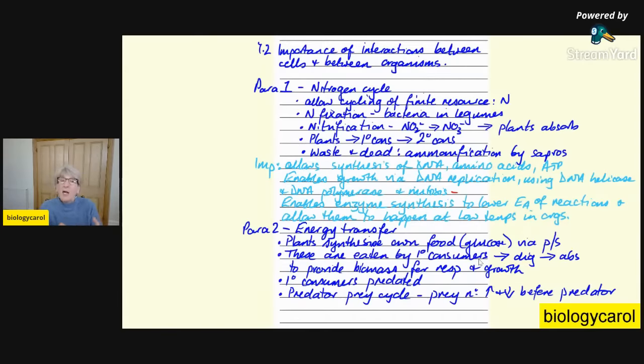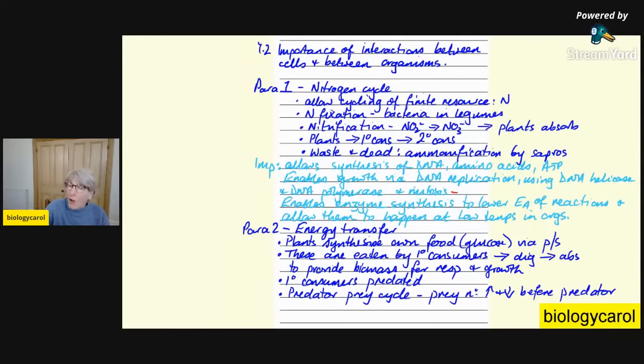And any of that biomass that I eat that ends up going through me, either as egestion or as urine, also includes energy that isn't going to go into making my biomass. Which is why it provides biomass for respiration and for growth.